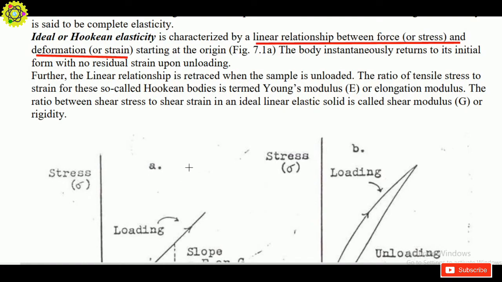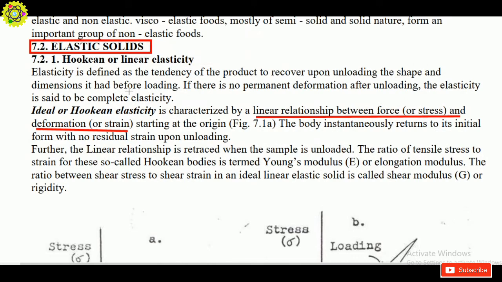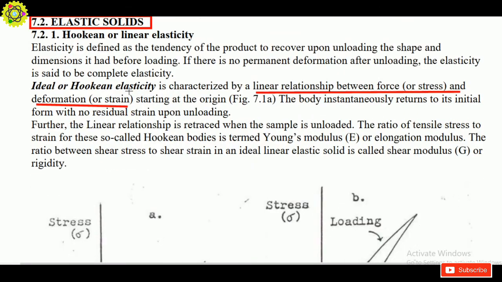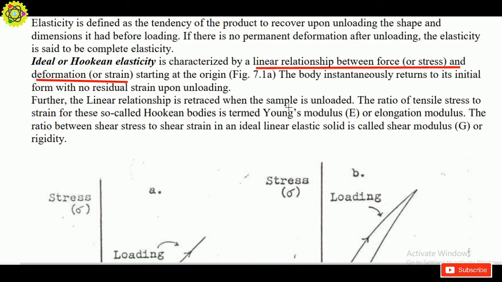Friends, now there are two important terms in the case of linear elastic or Hookean elasticity: Young's modulus or elongation modulus, and the second one, shear modulus or rigidity.